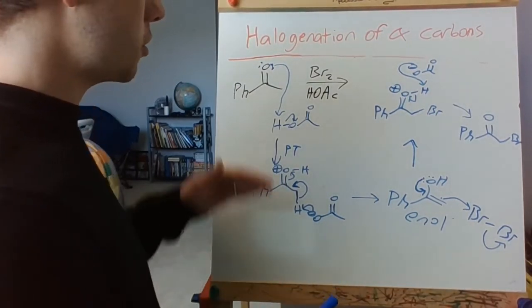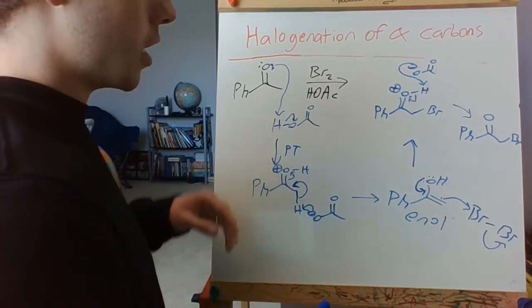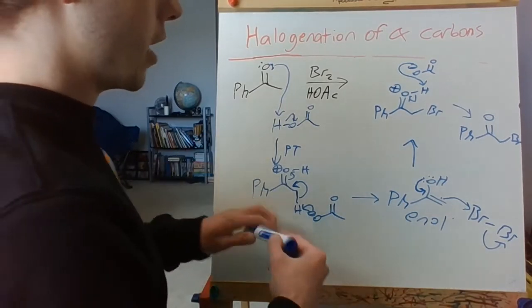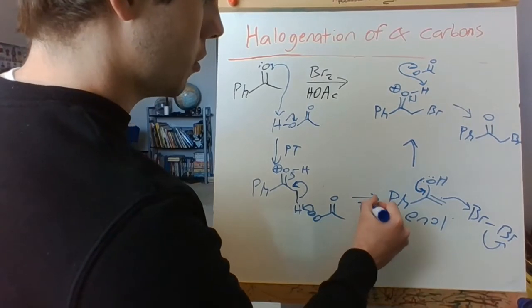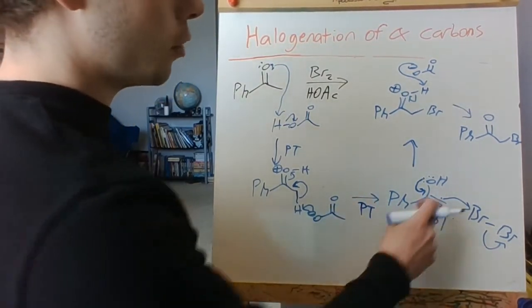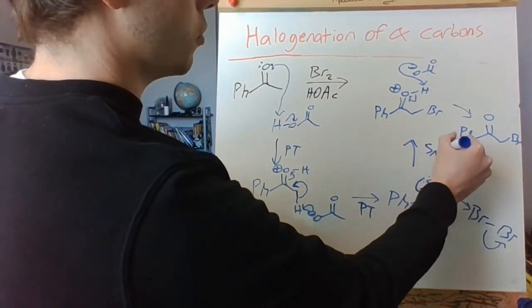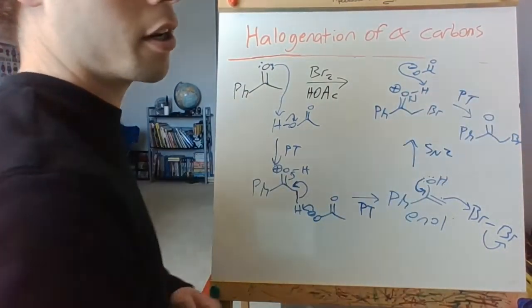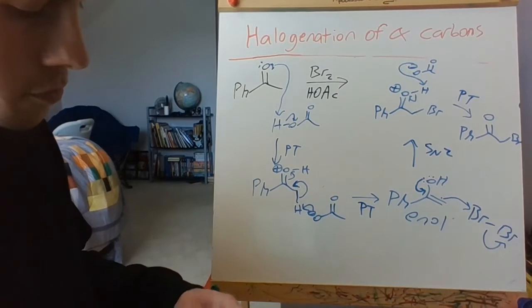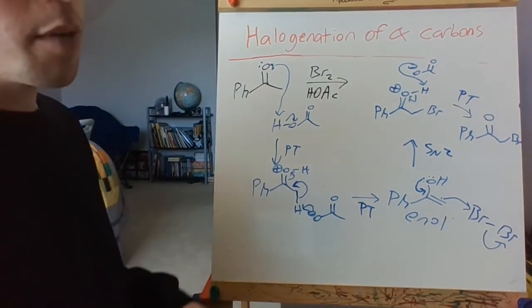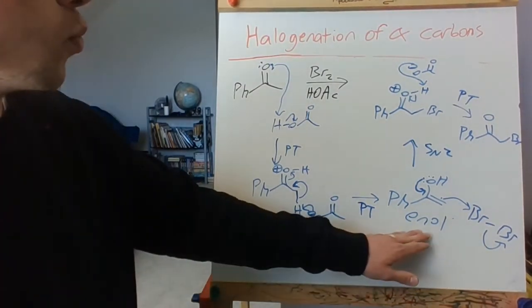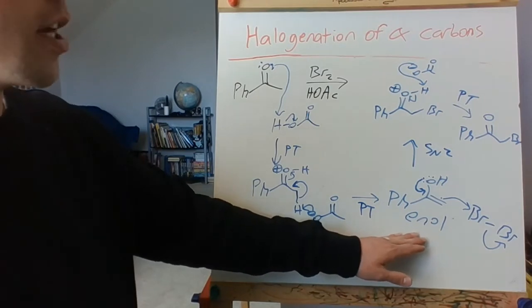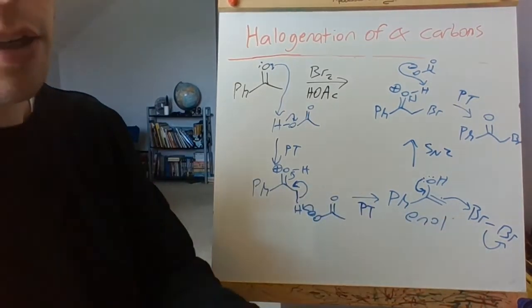In acidic conditions, it's proton transfer, followed by another proton transfer, followed by an SN2-type reaction shown here, and then lastly another proton transfer. So there are several proton transfer steps in this type of mechanism, with the single SN2 elementary step making our carbon-bromine bond.